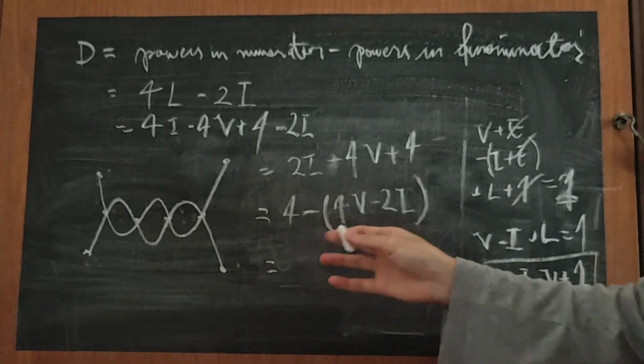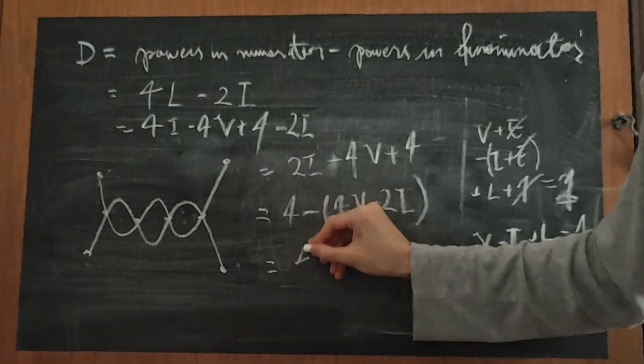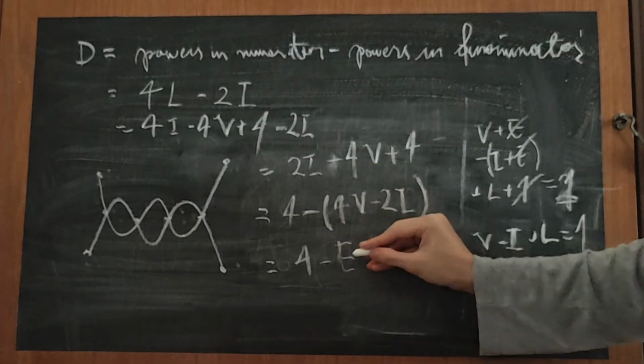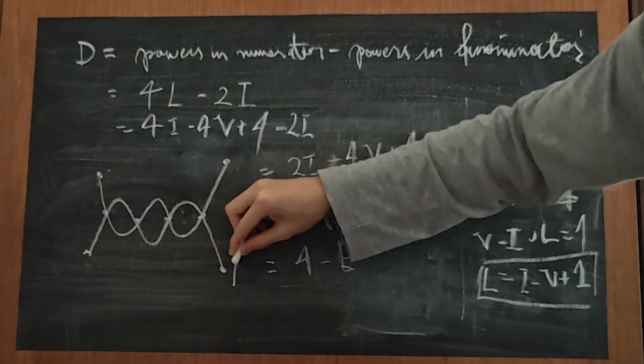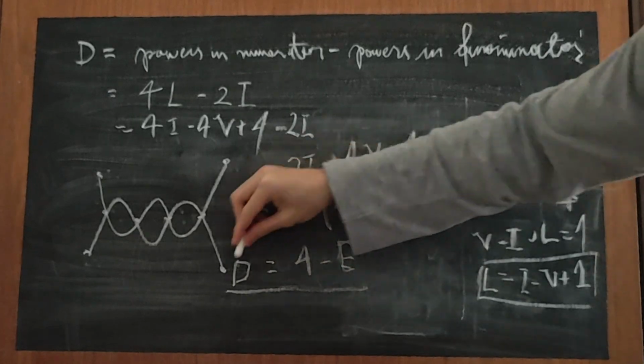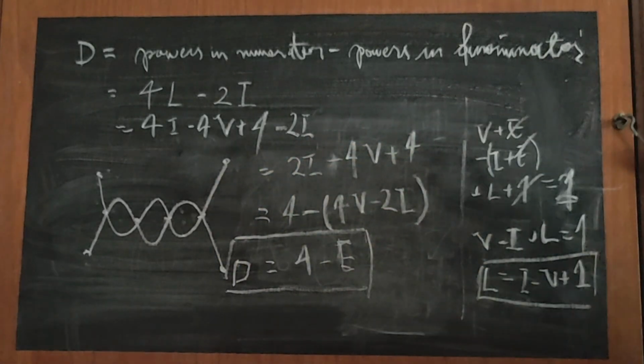And the number of connections used by external points is equal to the number of external points. So you can write that as 4 minus E. And this is basically your formula for the superficial degree of divergence in phi-4 theory.